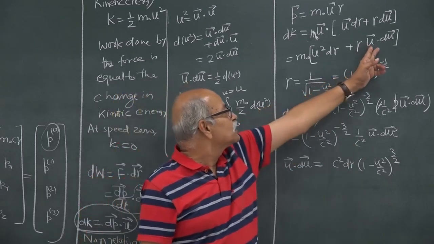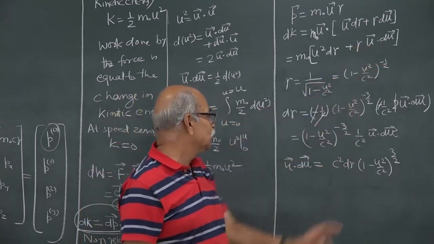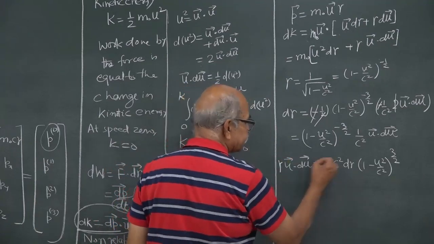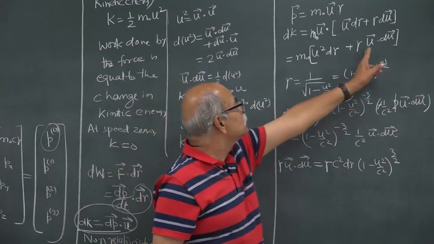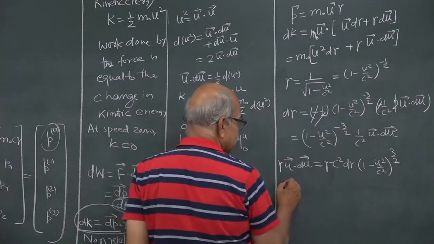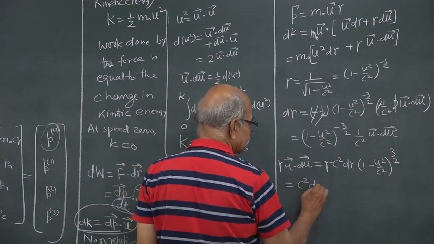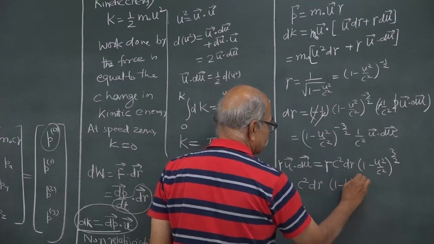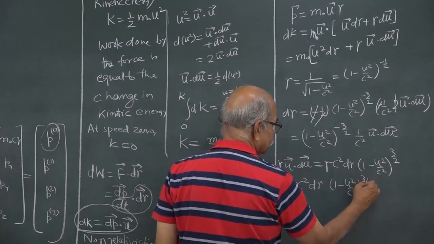So that I am going to put here, or let me multiply by gamma also. So what is gamma times u dot du? It is this, right? Gamma times u dot du is c square d gamma (1 minus u square by c square) power 3 by 2, right?